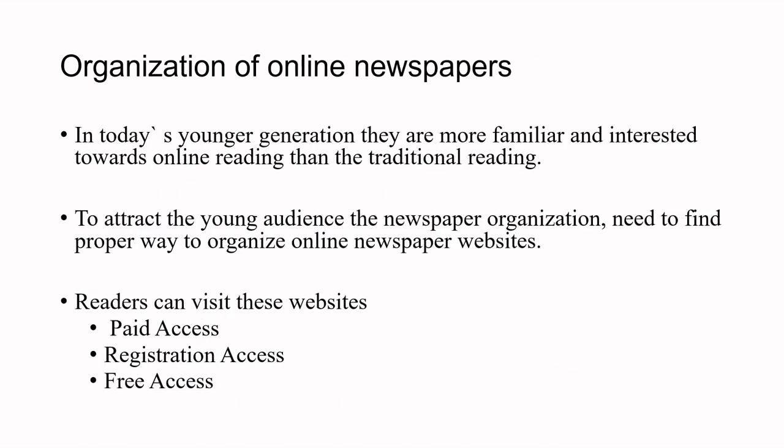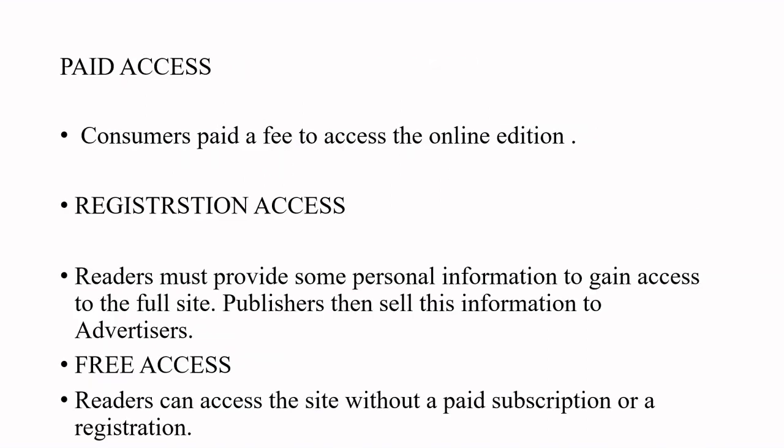So, the organization of the online newspaper, that is how you can read the online version. Basically, you can utilize the online version based on three aspects: paid access, registration access and free access. Paid access is nothing but paying some amount of subscription, and then you can access the online edition.